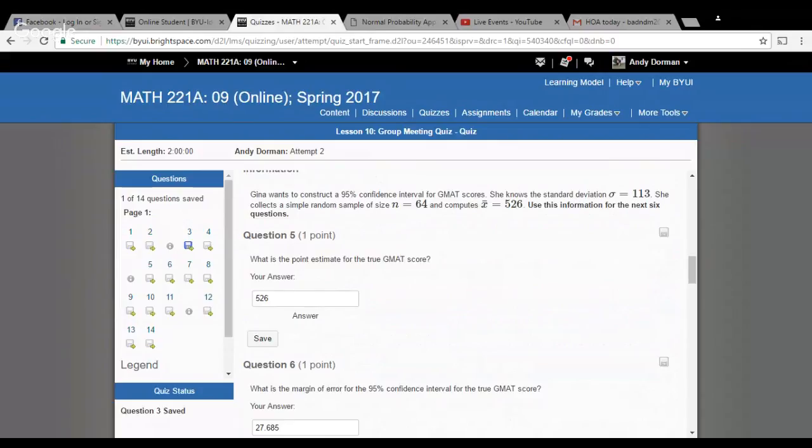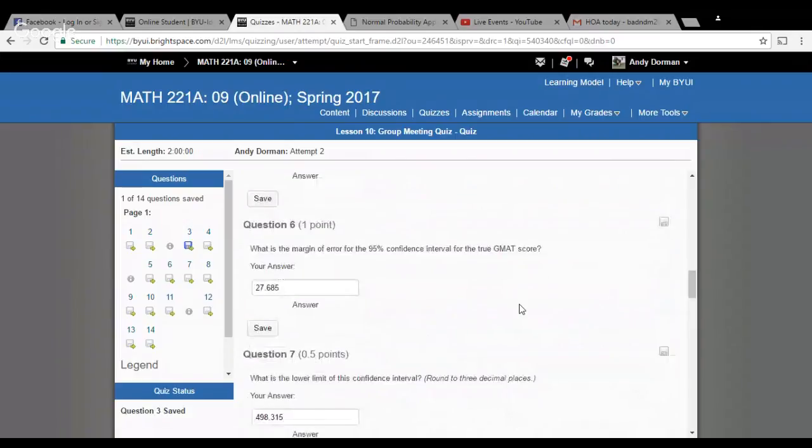Okay. Question number 6, hold on just a moment. Question number 6, what is the margin of error for the 95% confidence interval for the true GMAT score?